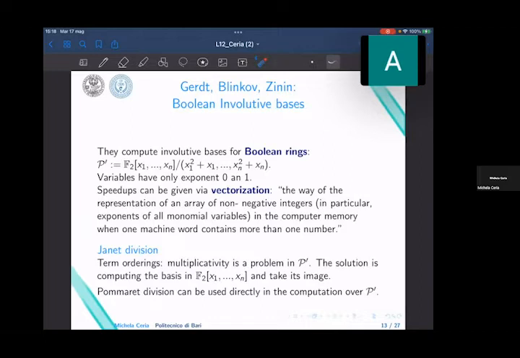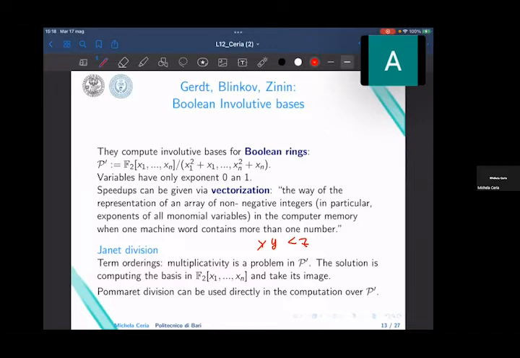There is a problem with term orderings. Indeed, this is a problem for Janet division and also for Gröbner basis. Actually, for the classical Gröbner basis, this is a problem as well, because you lose the term ordering. Now I will show what I mean. Multiplicativity is a problem in the sense that every time you have exponents that are 0 and 1. So suppose that this holds: xy is smaller than z for your term ordering, okay?